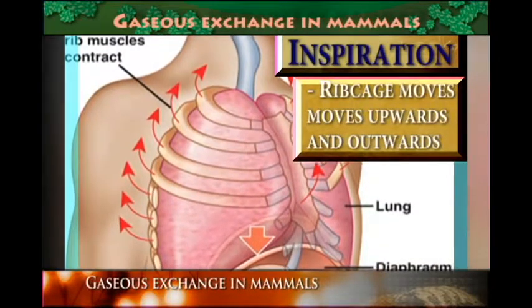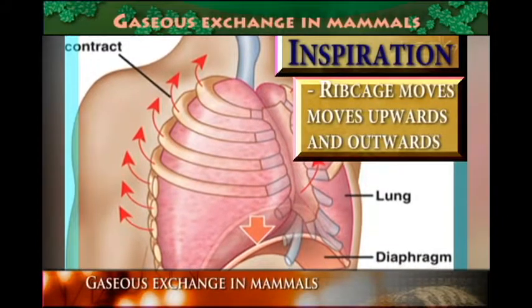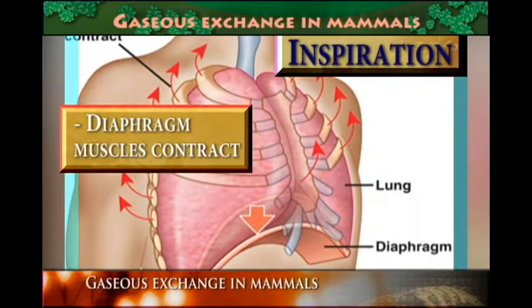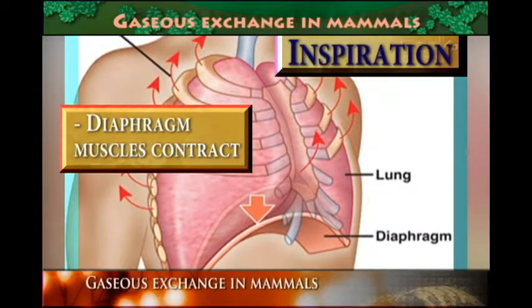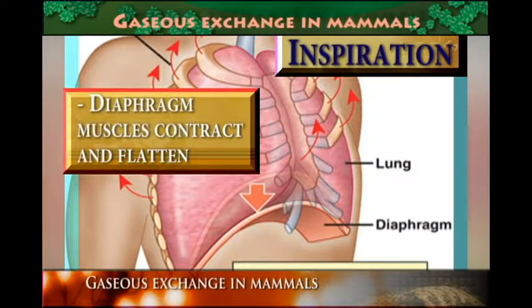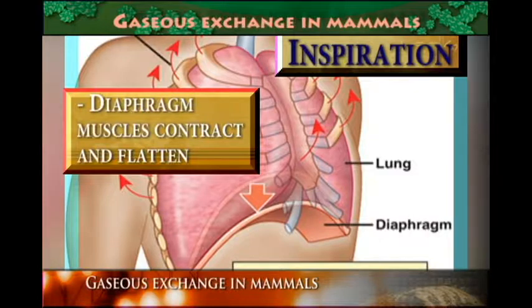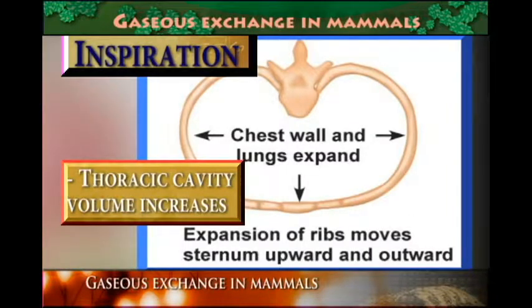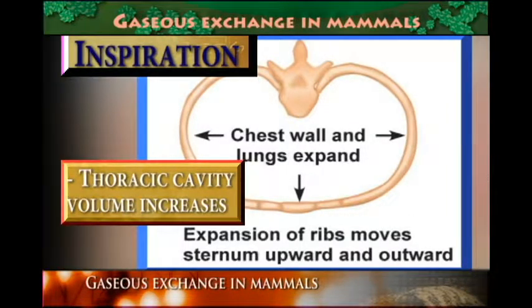When the rib cage is pushed upwards and outwards, the diaphragm muscles also contract, and the diaphragm loses its dome shape. In the process, the thoracic cavity volume increases.